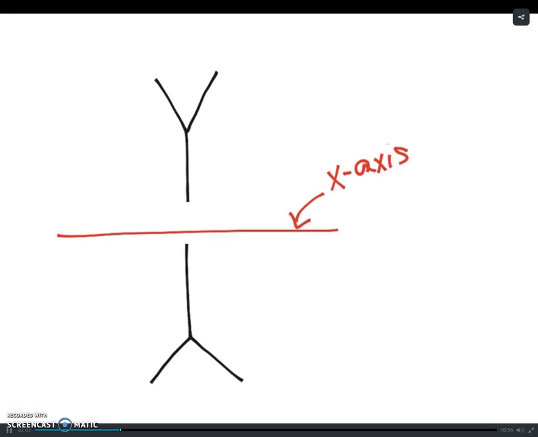Remember that if each of these had a name on them, right, then if this is first, then this might be A, B, C, and D, and the corresponding points on the image would be A prime, B prime, C prime, and D prime. I'm sorry, that should be a capital B. Okay, so that's the second line we can reflect across, the x-axis.